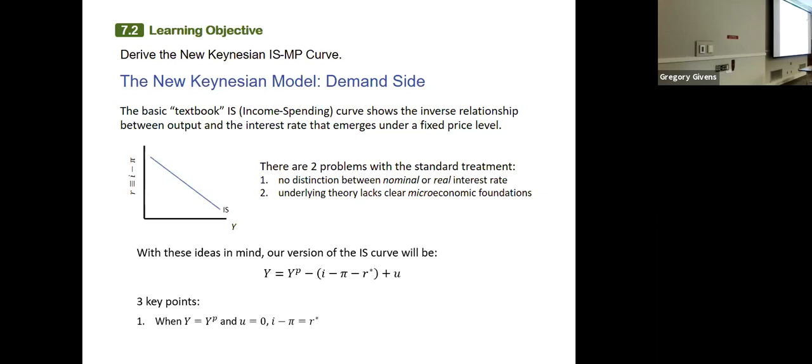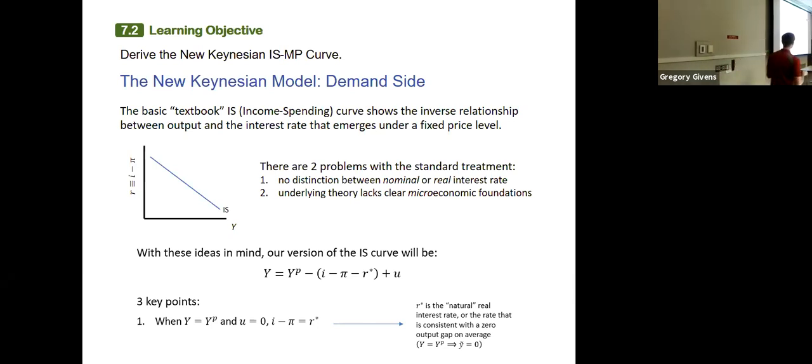So the equilibrium real interest rate is the real interest rate that would prevail if output was exactly equal to potential output, which is consistent with what we talked about in the last class with regard to the Taylor rule. Same basic idea. So R star is that natural or equilibrium real interest rate, where output is going to be equal to potential output.